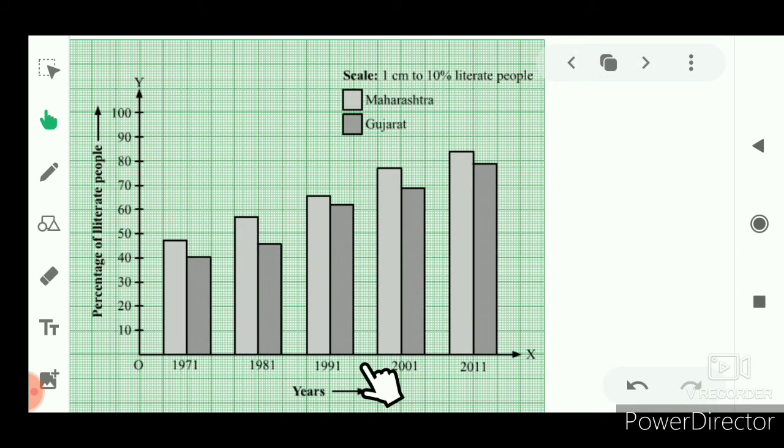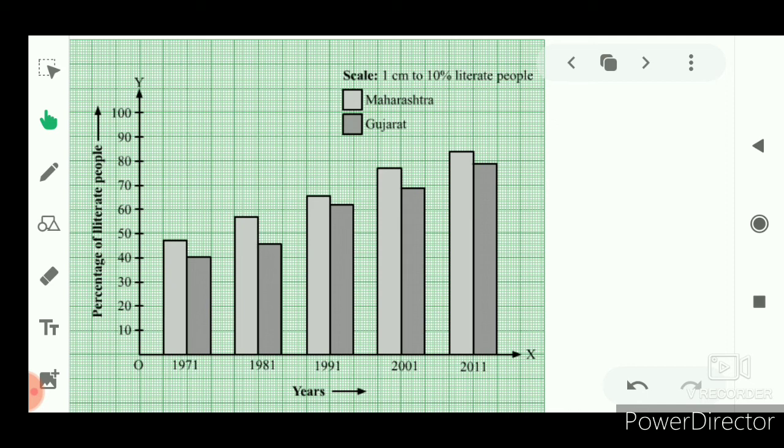Here on the x-axis we have taken the constant values, that is the years: 1971, 1981, 1991, 2001, and 2011. And on the y-axis we have taken the variable quantities, that is the percentage of literate people.